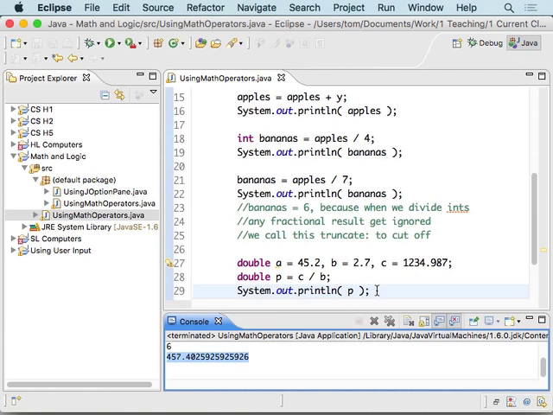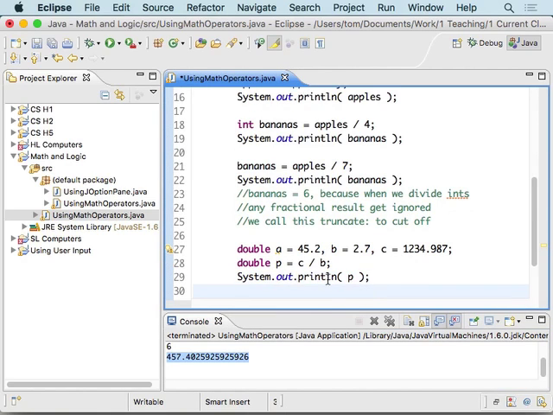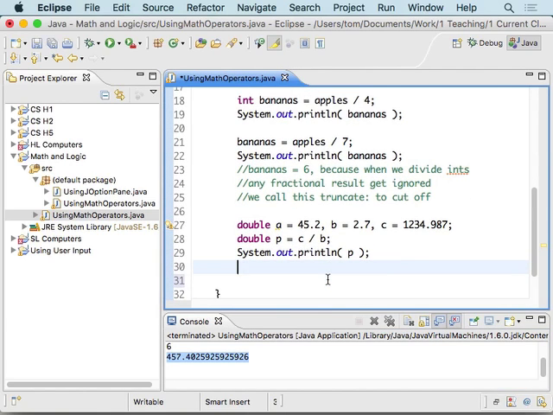Hopefully that's making some sense to you as far as the difference between dividing two ints and dividing two doubles. Just so you get the full feeling for this, we can create a double, and let's call this thing R, and we can say that R equals apples divided by 7, just like we said bananas equals apples divided by 7 up here.